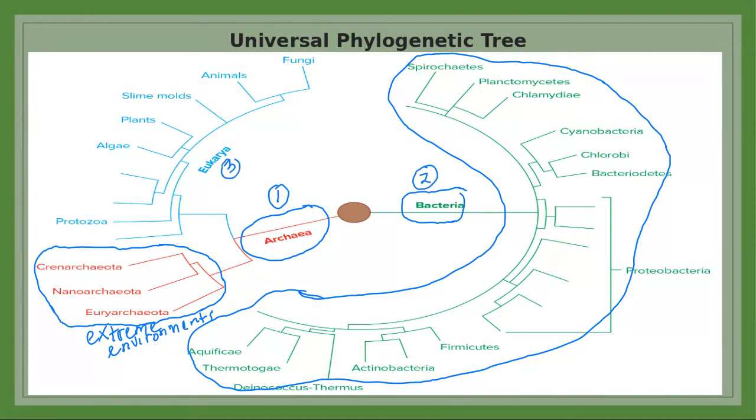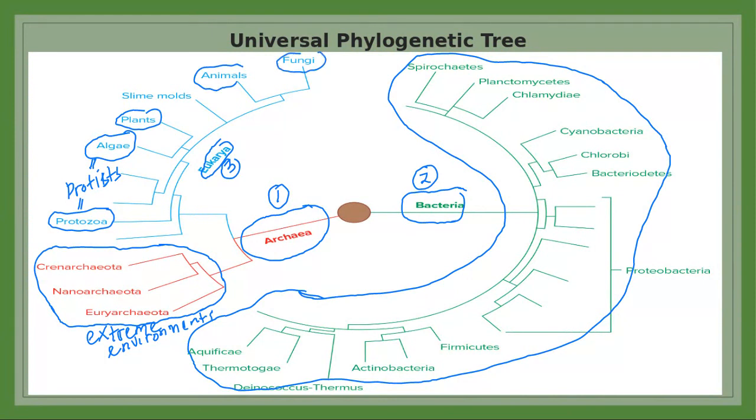which is eukarya. And eukarya will consist of protozoa and algae. Both of them are called protists. And then plants, animals, and fungi.